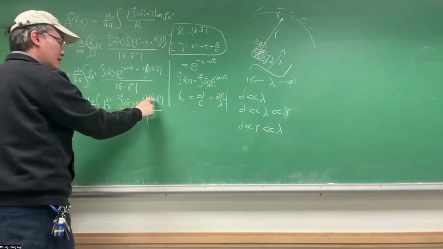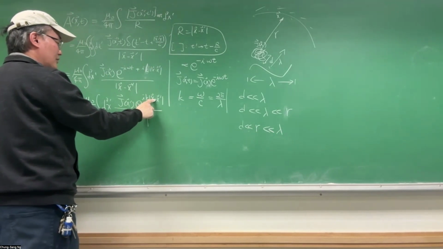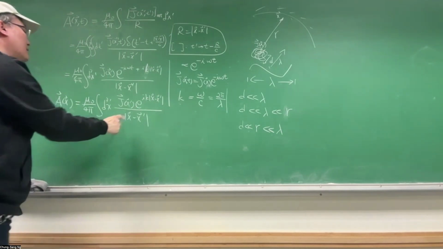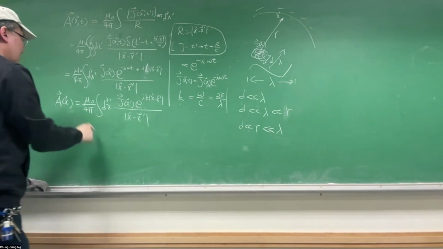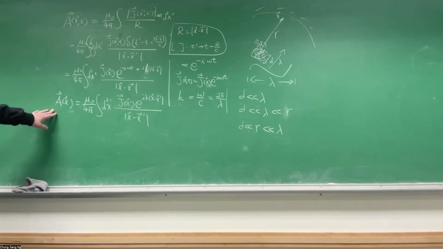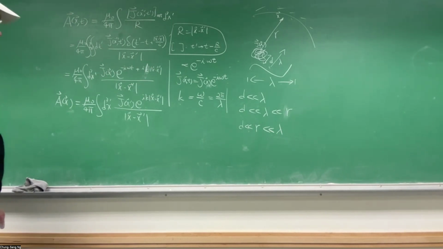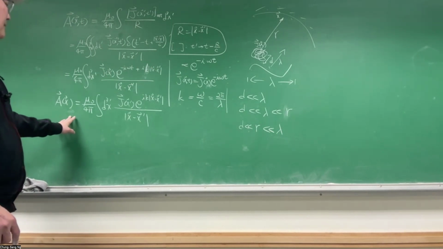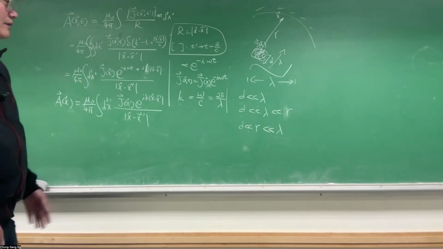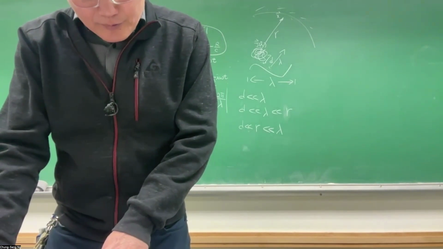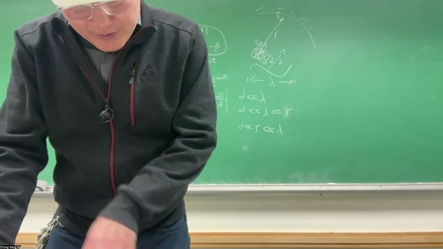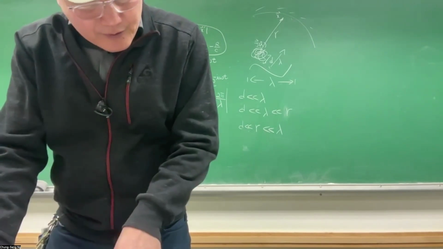So kR is much smaller than 1, and you can ignore the phase exponential function. The exponential function becomes 1, so this integral is just like the magnetostatic formula. That's called a static case. So the near zone or static zone is this limit.